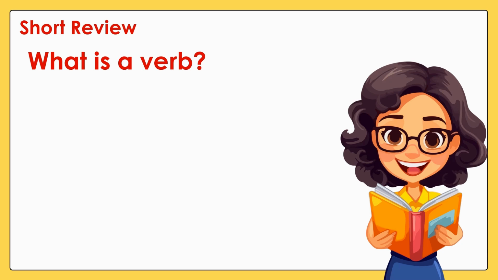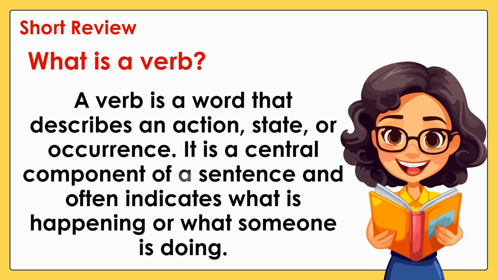What is a verb? A verb is a word that describes an action, state, or occurrence. It is a central component of a sentence and often indicates what is happening or what someone is doing.